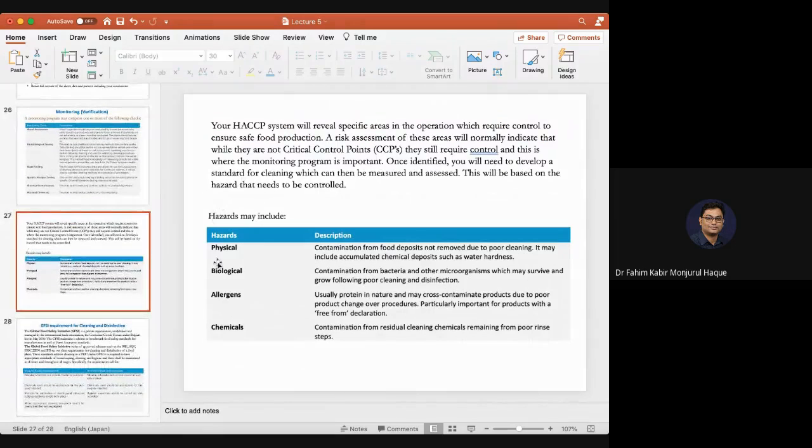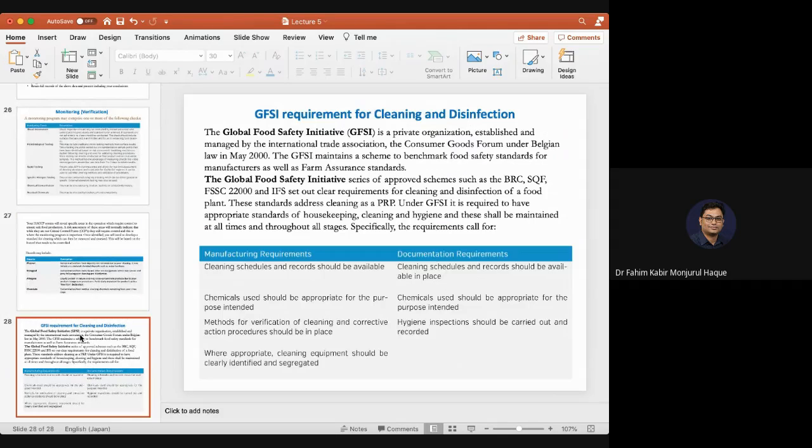This slide just talks about the hazards. And finally, GFSI requirements for cleaning and disinfection. GFSI is the Global Food Safety Initiative. Basically, I included this slide to give you an idea that there are organizations like GFSI that deal with food safety, and they have certain requirements.